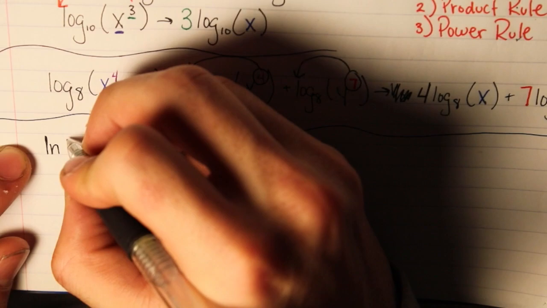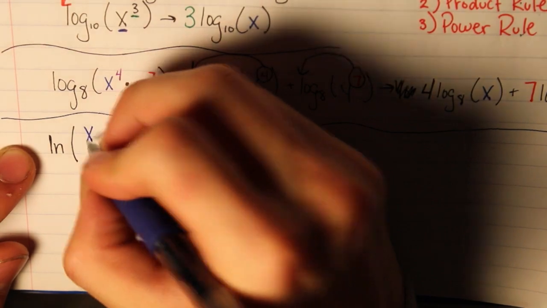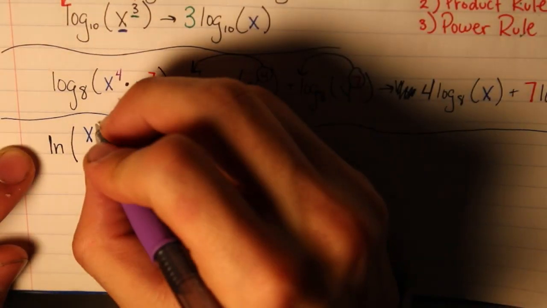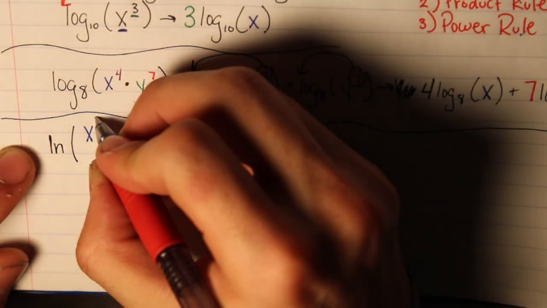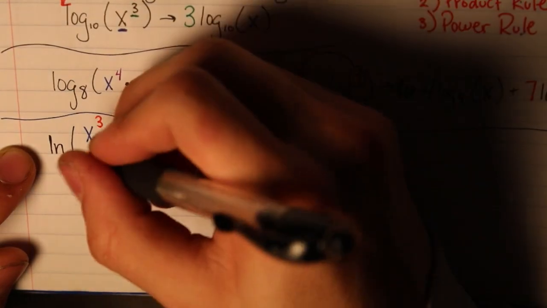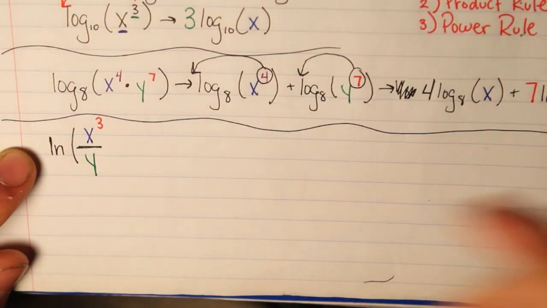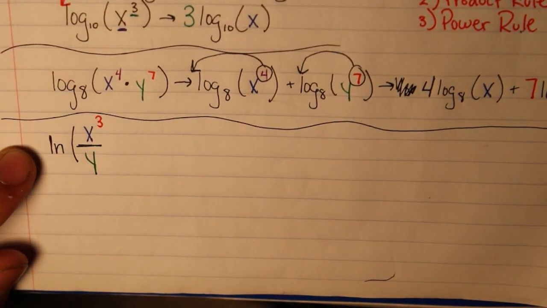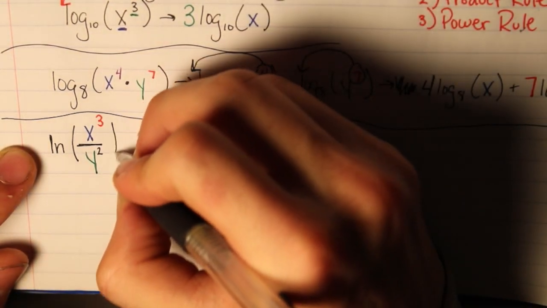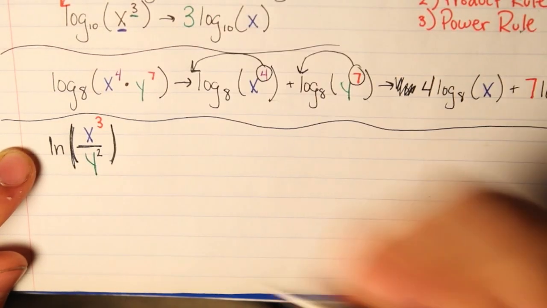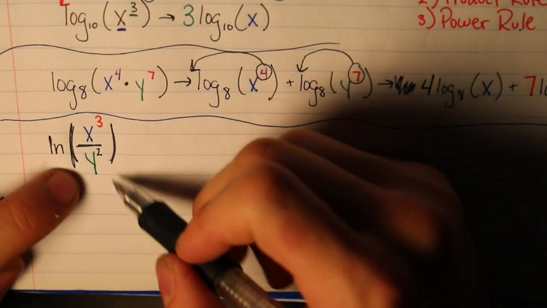We have ln of x cubed over y to the second. I don't have purple, so I'm going to make it black. Sorry, there's no color differential there. That's the best I can do. All right, so you have natural log of x cubed divided by y squared.